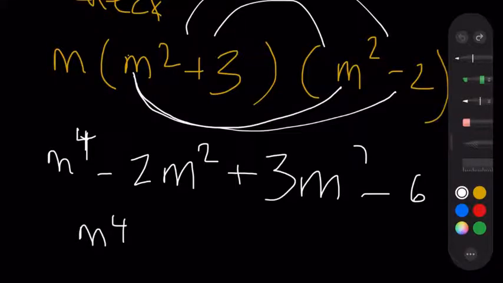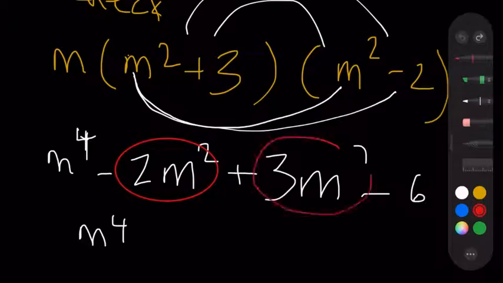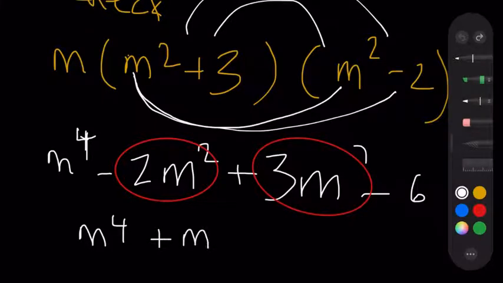So m to the power of 4. Then we will add or subtract like terms, which are these two. Negative 2m squared plus 3m squared will give us plus m squared, minus 6.